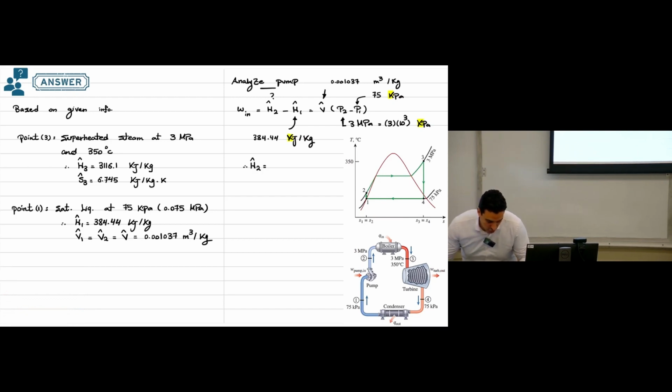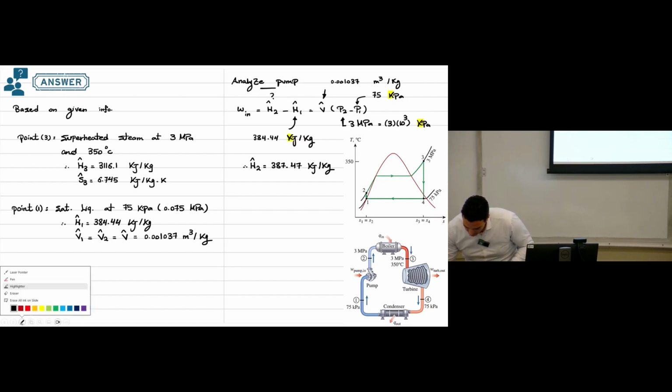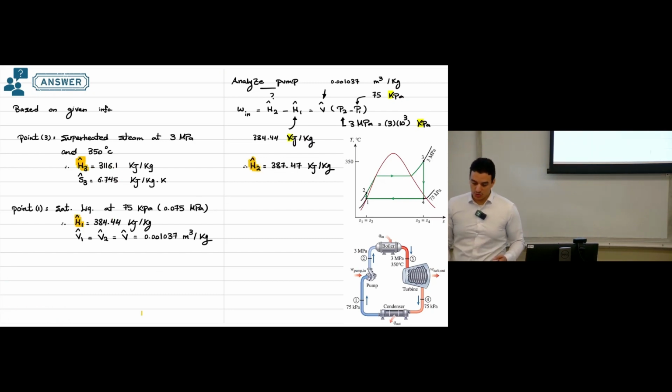The value of H2 will be 387.47 kilojoule per kilogram. So let's see what we have so far. We have H3, we have H1, and now we have H2.